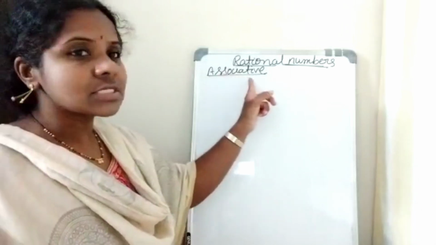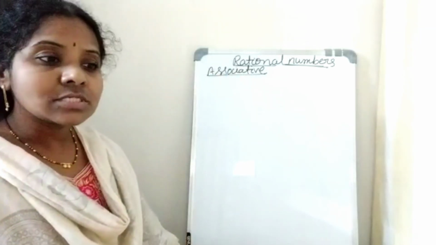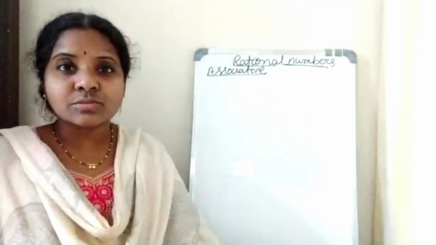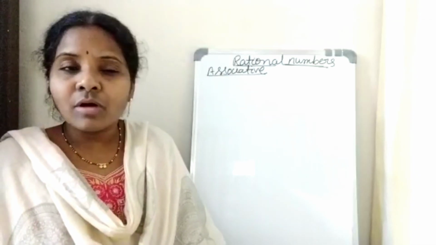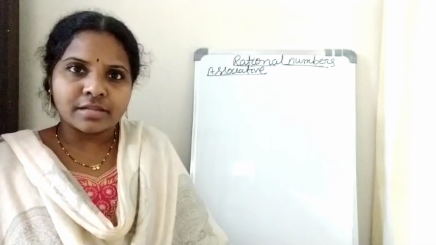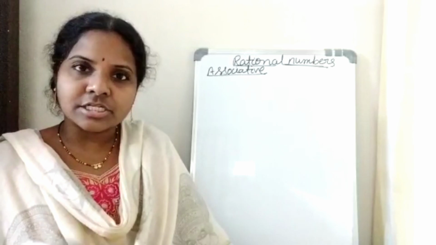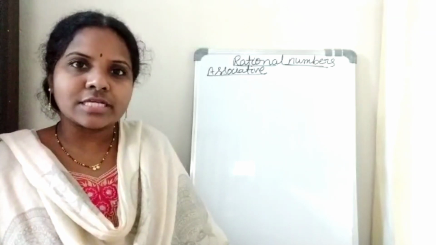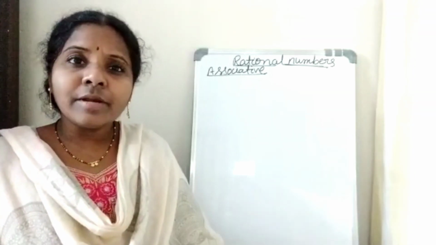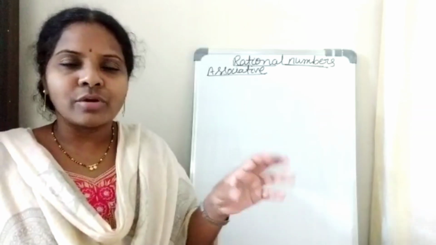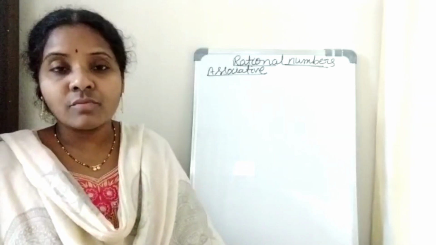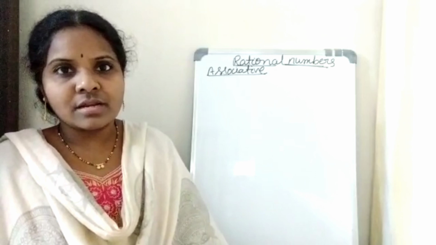What is the associative property? First listen to this. Suppose 100 or more than 100 people are going on some excursion or party, some picnic. It will be difficult for the teacher to control those people, so one more teacher is there to help.